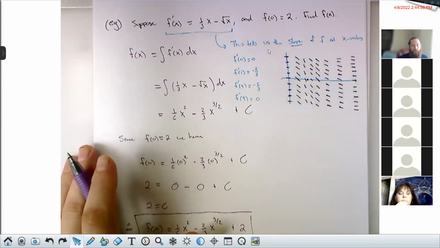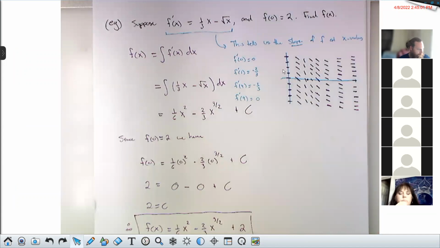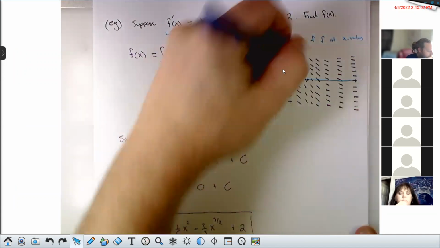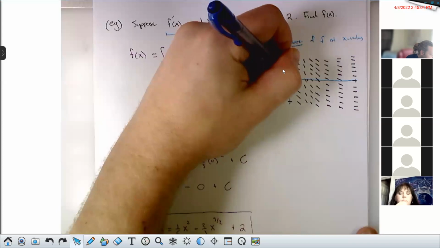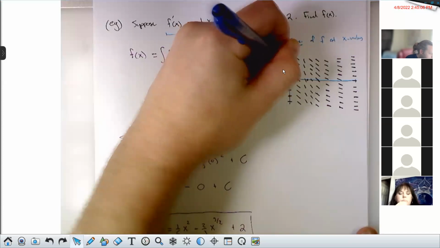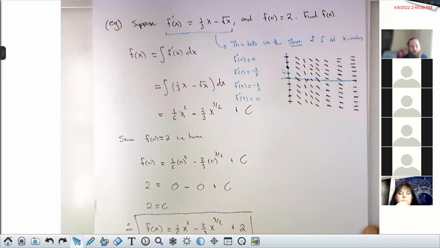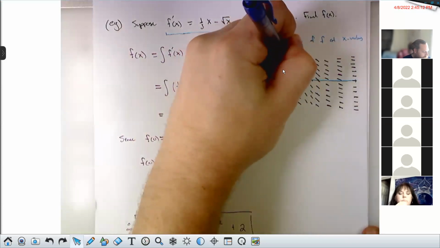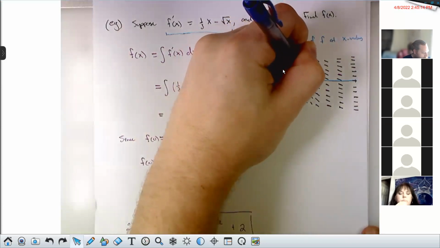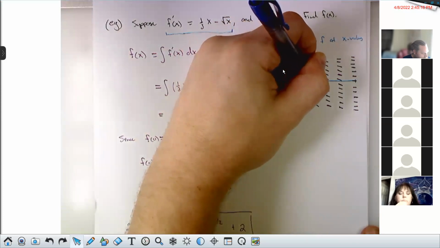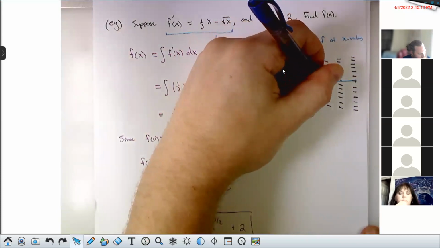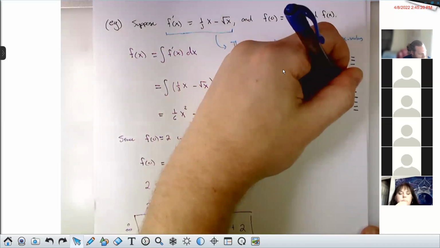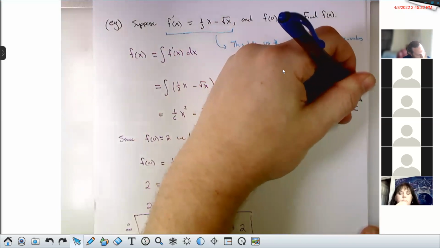And then when I tell you that f of 0 is 2, that lets me come in here and plop a point down. So f of 0 is 2. And then I can draw a curve just by following these tangent segments, like this.